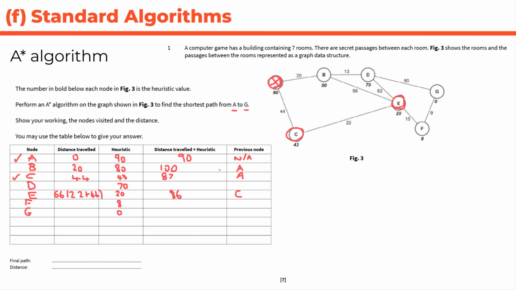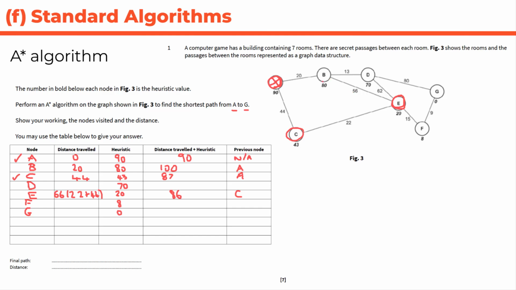Now, oh my goodness, look at all these things. E can see B, D, and F, okay? So let's have a look at B for a second. So what was my cost to get to E in the first place? Well, it was 66, okay? So it's 66 plus 56, and then the heuristic.